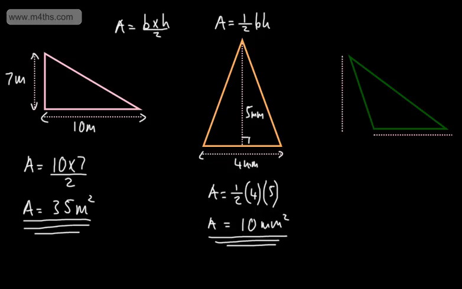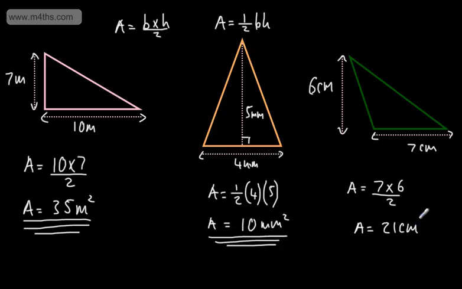Let's say this height is 6 centimeters and the base is 7 centimeters. All we would say then is that the area is equal to 7 multiplied by 6 divided by 2. So the area is going to be 21 centimeters squared. So nice and straightforward, and we've just plugged them in.